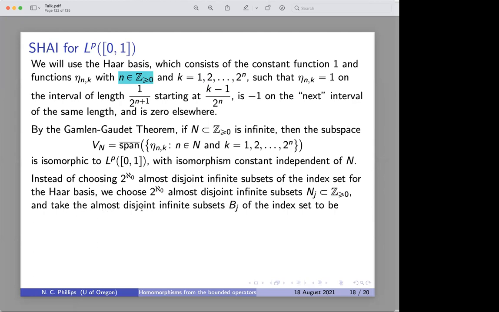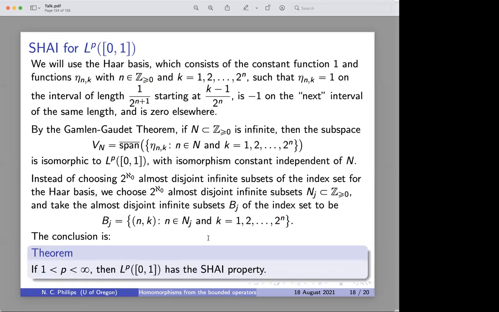And then my almost disjoint infinite subsets of the index set are going to be gotten by taking, for each of these things, I'm going to choose for every n in capital NJ, I'm going to take all of the corresponding intervals of that length and put those together. These are still almost disjoint because there's only finitely many n in the intersection of two of them, and for each n, I've used only finitely many things here. And so the conclusion is that for p strictly between 1 and infinity, LP has the SHAI property.